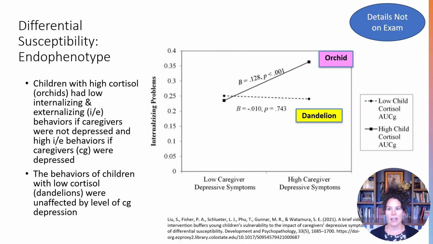Okay, let's look at the example of an endophenotype differential susceptibility study. This was on low-income families in the United States, kids ages around from infancy to 3 years. And so what they did is they brought these kids in and put them through a series of tasks, and they measured their cortisol, I think like 9 times over a 75-minute period.